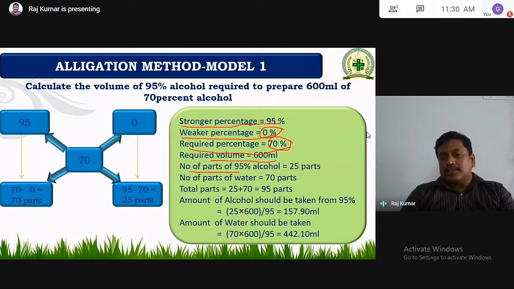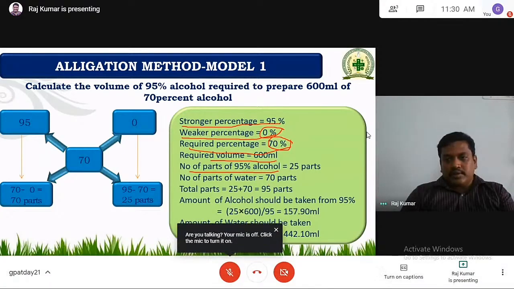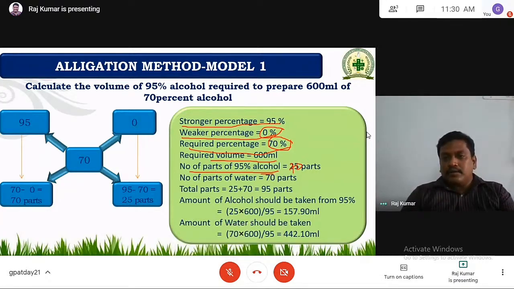Number of parts of 95% alcohol is 70 parts.